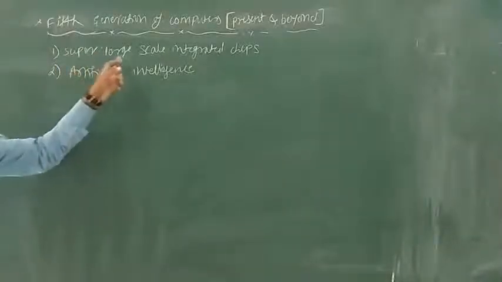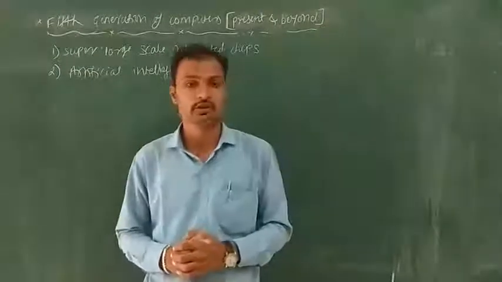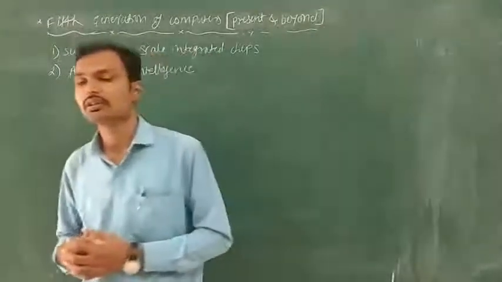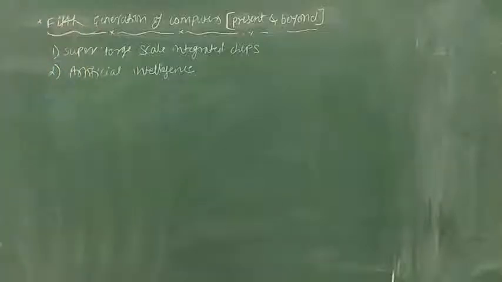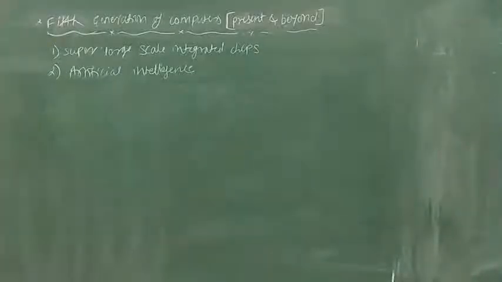The fourth generation used microchips; in this generation we are using super large scale integrated chips. And artificial intelligence means what? The development of robots is an example of artificial intelligence. These robots were also developed in this generation only.